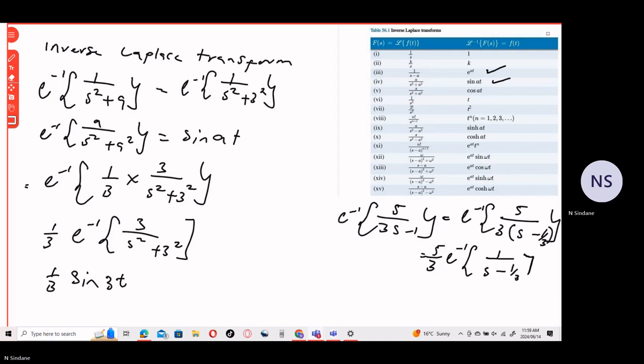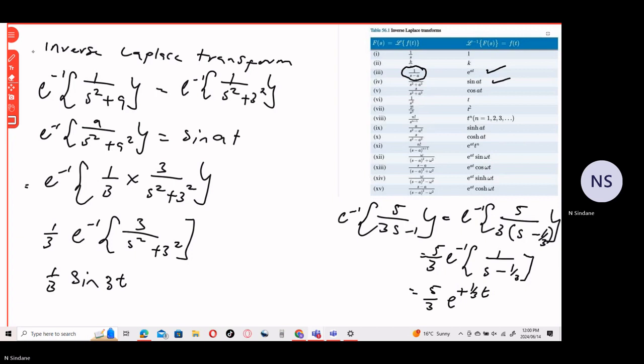Now I can definitely see it's the exponential form. So my solution is 5 over 3 e to the power of, is it negative? No, positive in this case, positive 1 over 3 t. That is what I'm going to get when I'm looking for the Laplace inverse of 5 over 3s minus 1. Let's go to the next question.